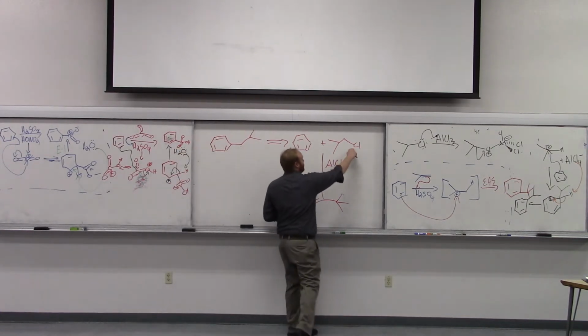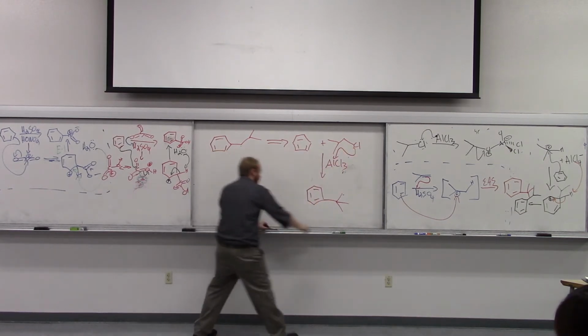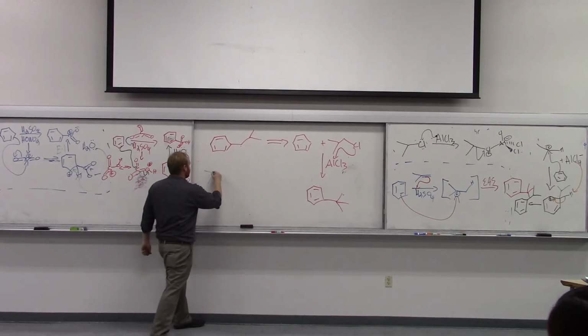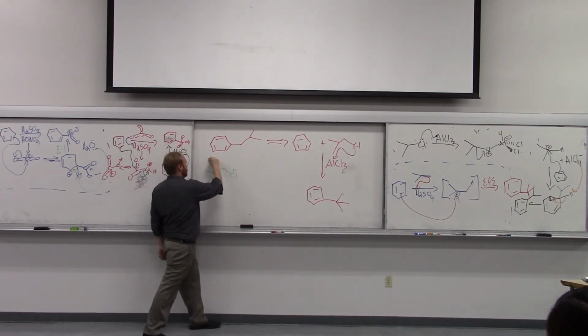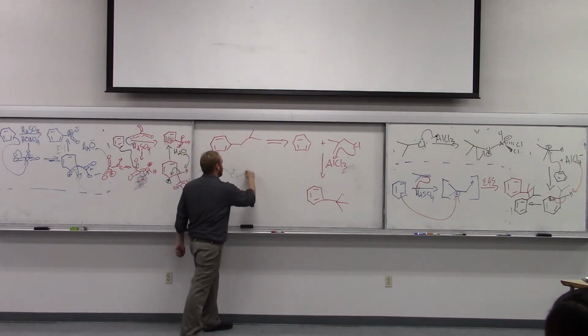So what is happening is this is going to attack the AlCl3 on the metallic intermediate over here in green. So the first step is going to be the same.